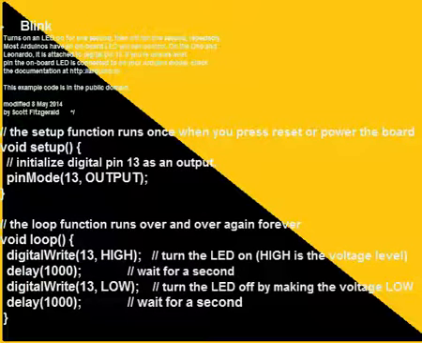It will delay for 1,000 milliseconds, which is 1 second, and that's the second object. The third object is also digitalWrite to pin 13 on LOW, which means 0 or ground, meaning no voltage, and it will delay for 1,000 milliseconds or 1 second. And this will loop over and over again.